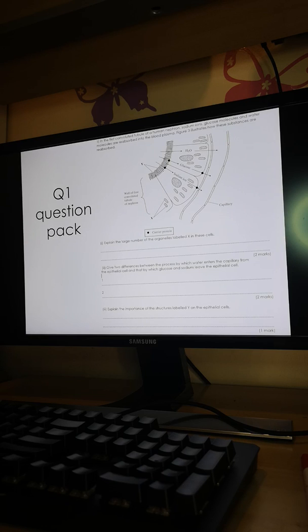Explain the large number of organelles labelled X in these cells. Give 2 differences between the process by which water enters the capillary from the epithelial cell and that by which glucose and sodium leave the epithelial cell, and explain the difference in the structures labelled Y on the epithelial cell.